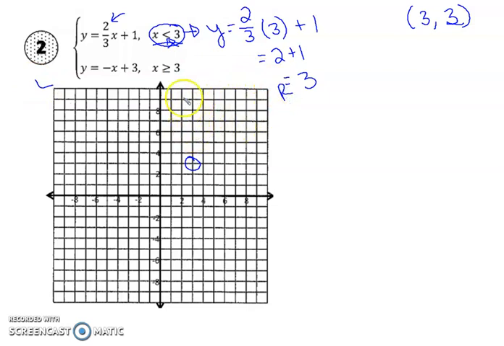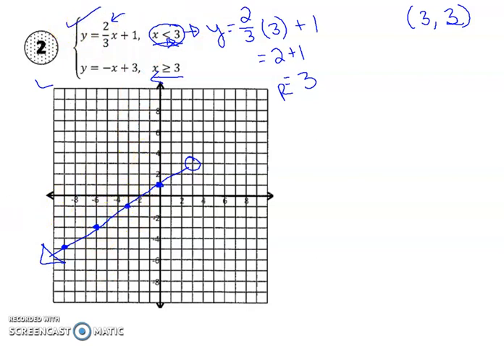Which one's smaller than 3? Left. So I need to go down 2, backwards 3. Down 2, backwards 3. And you can continue that on for the whole graph. Okay? That is the first line. We've graphed it.